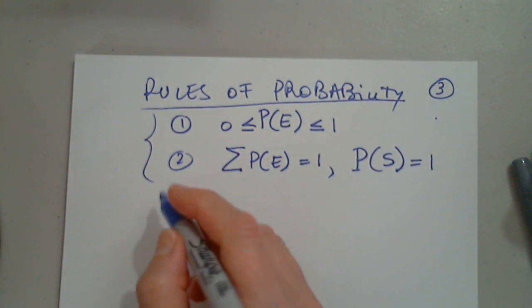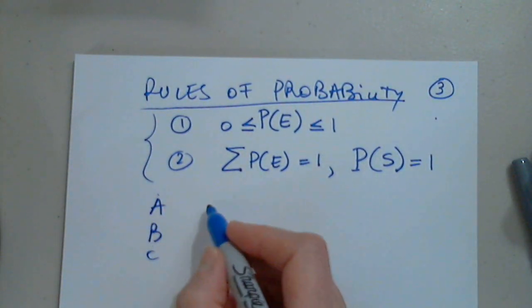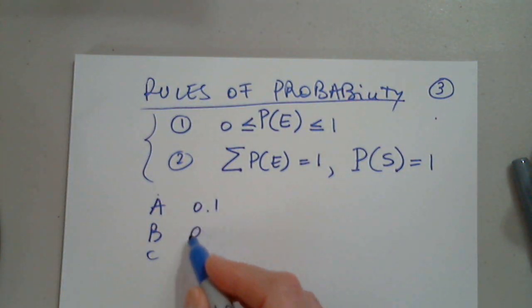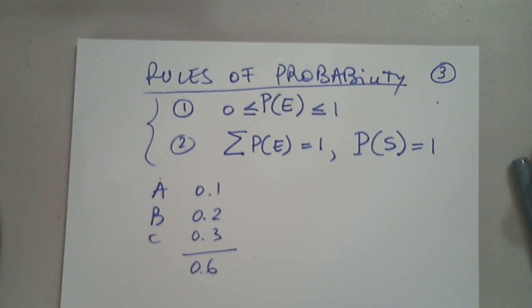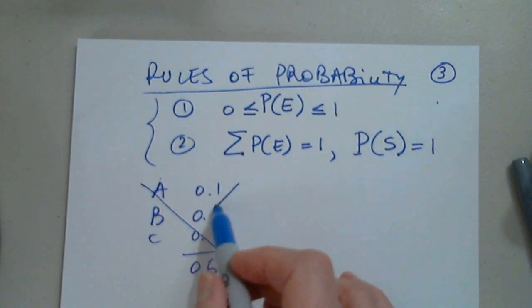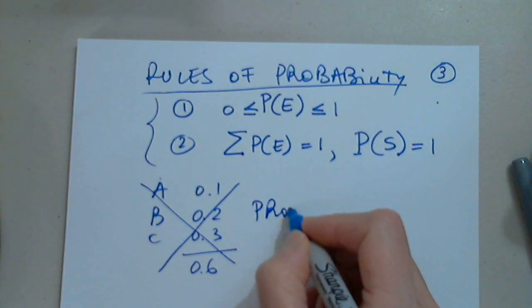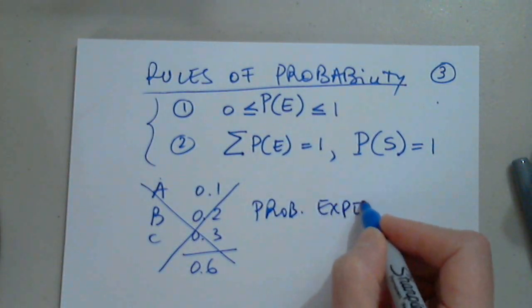So if I have A, B, C, and this one happening, probability for A to happen is 0.1, this is 0.2, and this is 0.3, they do not add up to 1 or 100%. So this is not a probability experiment.